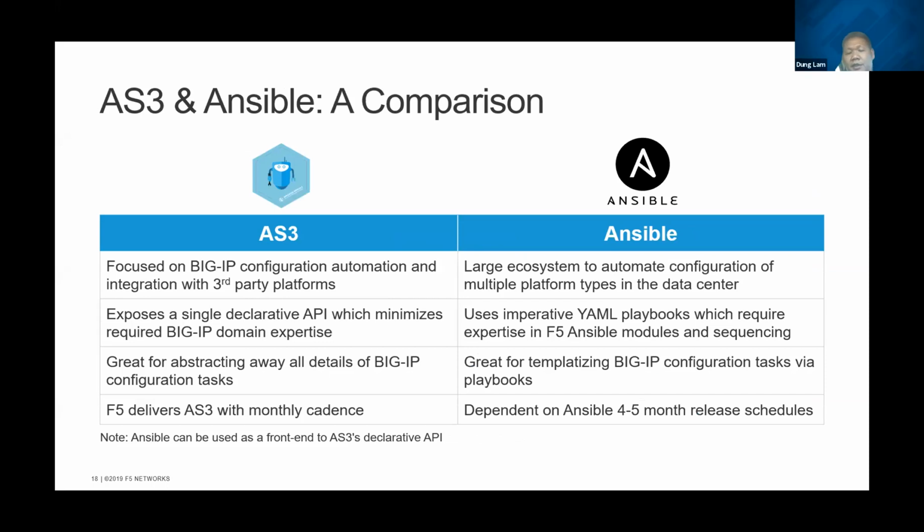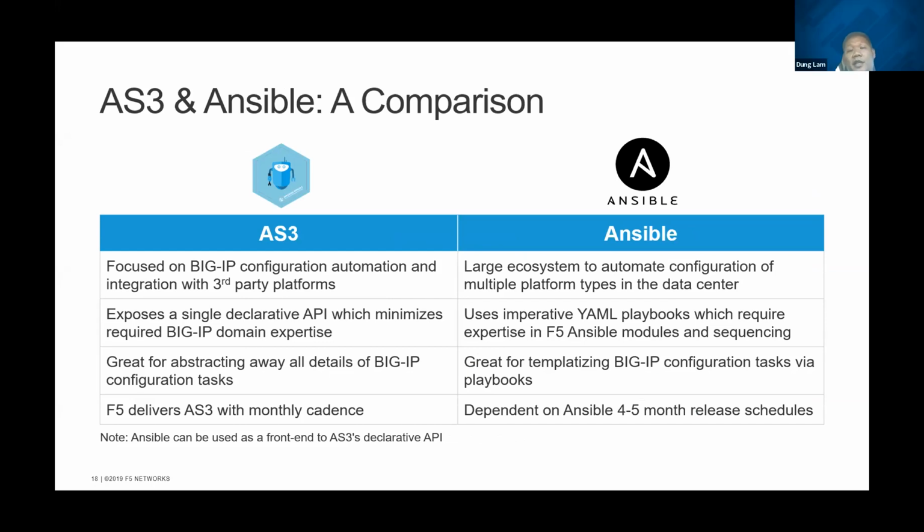I want to take this slide to give a little compare and contrast, or just how AS3 and Ansible complement each other, right? So AS3 capability is really focused on the BIG-IP. It's its own product, so we're looking inward. How do we provide full capabilities and expose that in the most simple way to the automation platform?